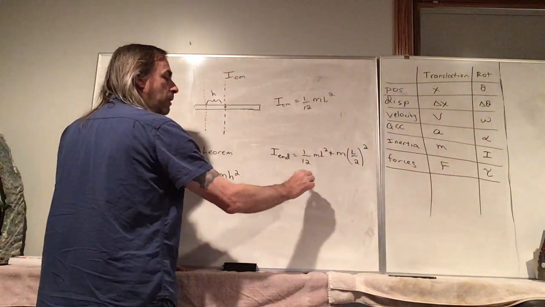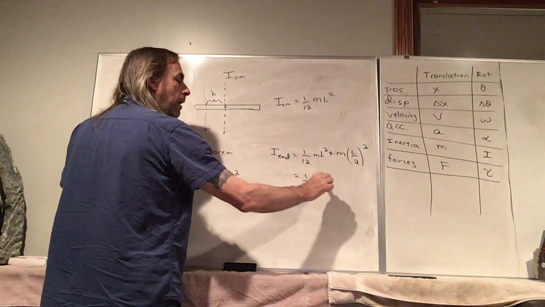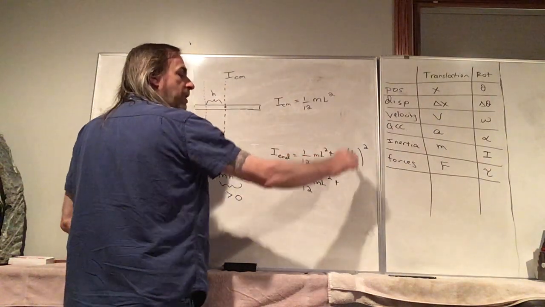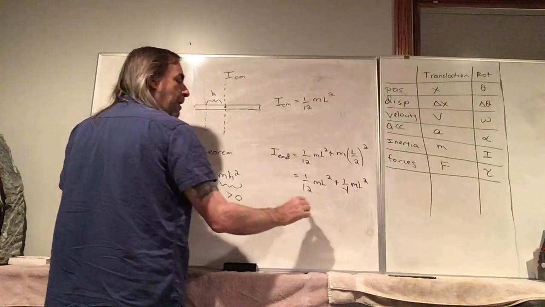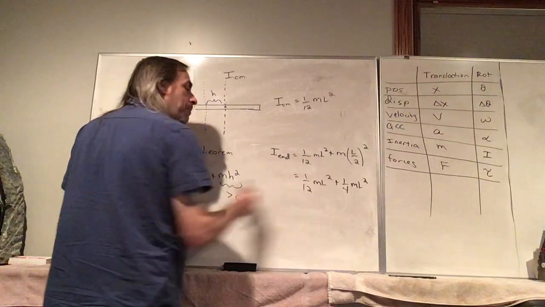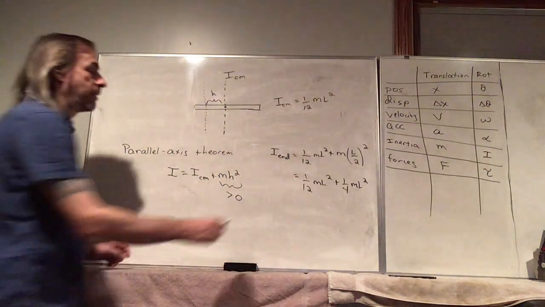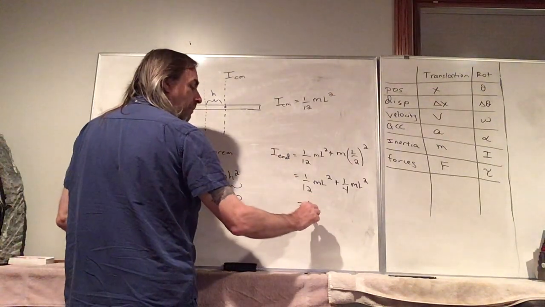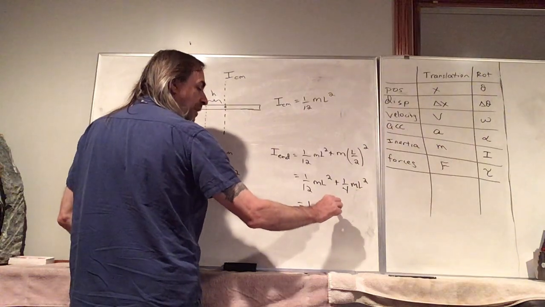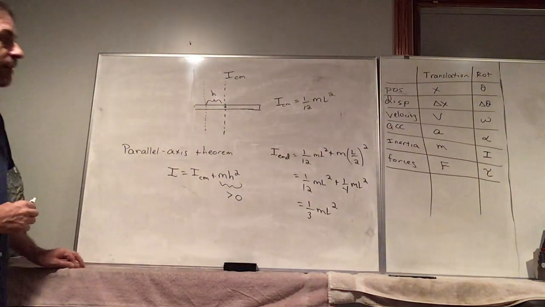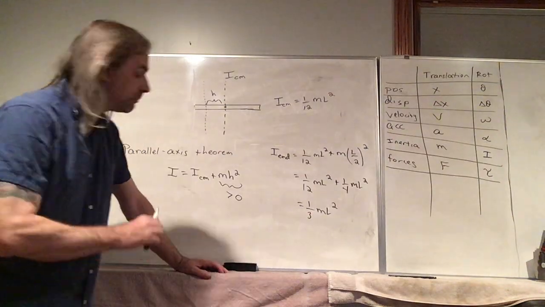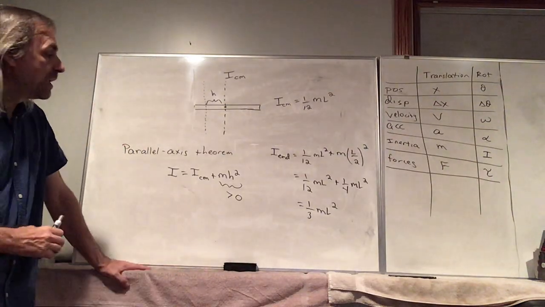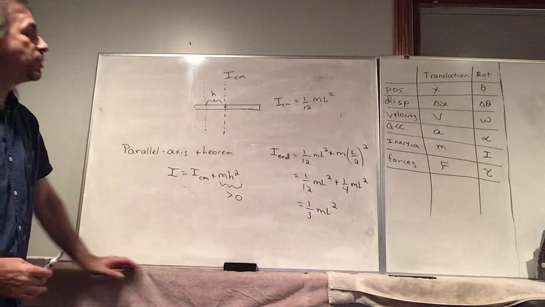So we'd have 1/12 m l squared, and then this would be 1/4 m l squared, or 3 over 12. If you add it up, we get 4 over 12, which is 1/3. So a significantly higher moment of inertia if you're rotating it about the end. And this can be a very useful formula.